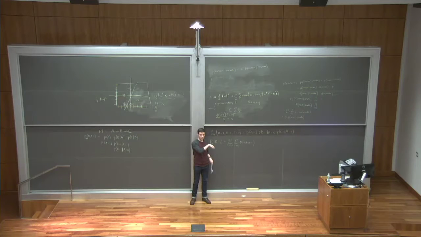This is just marginalizing over those values. So I wrote out the joint, and I only care about the probability that B is equal to 1, so I need to sum over all of the values for A and for C.